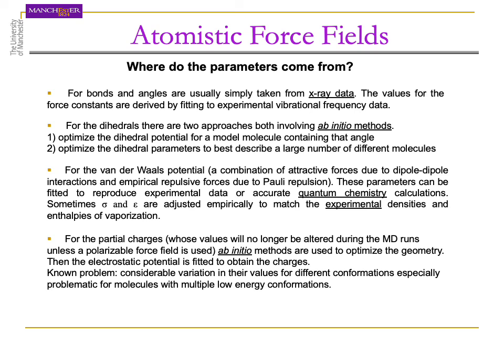The van der Waals interaction potentials can be obtained by considering again quantum chemical calculations, or they can be fitted to reproduce some experimental data. For example, sigma and epsilon are adjusted to empirically match the experimental density and enthalpy of vaporization of the different substances that we are simulating.